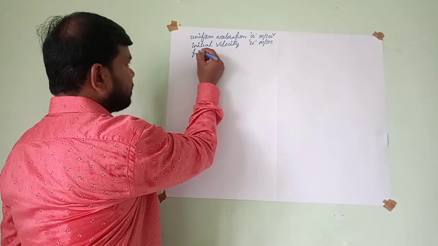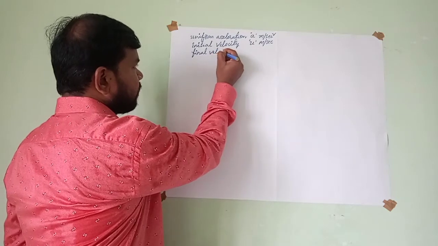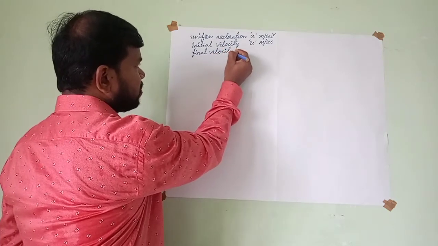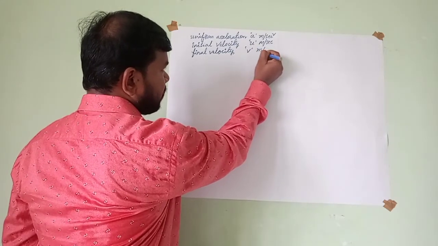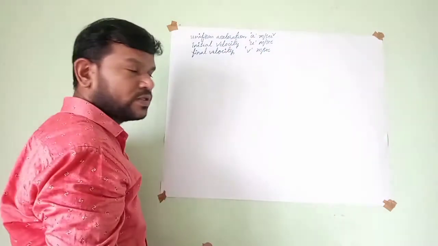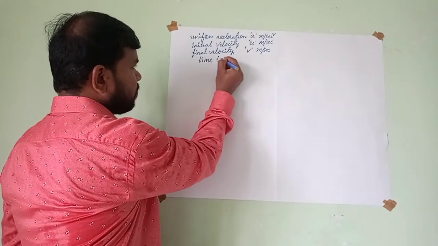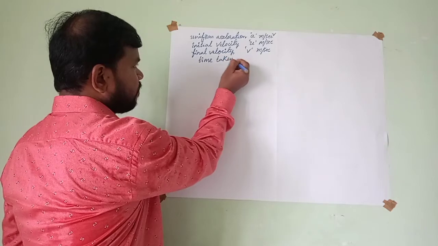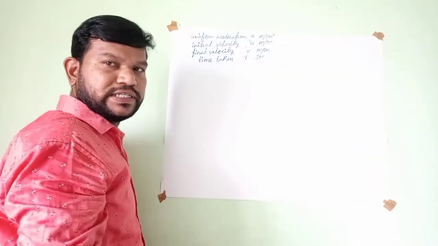Final velocity is v meter per second. Time taken is t seconds.